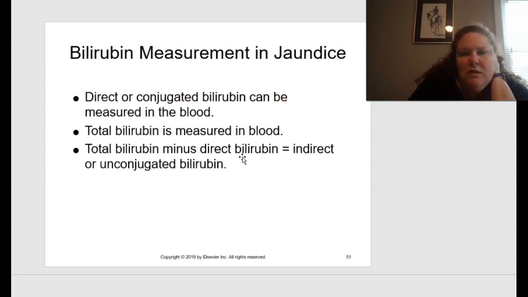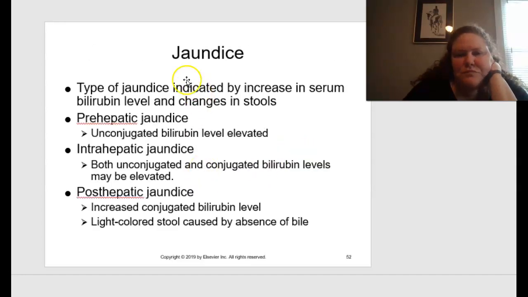So, bilirubin measurement in jaundice. Direct or conjugated bilirubin can be measured in the blood, and the total bilirubin is measured in the blood. Total bilirubin minus the direct bilirubin is the amount of indirect or unconjugated bilirubin.